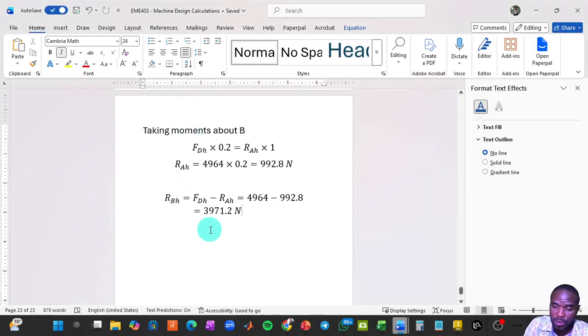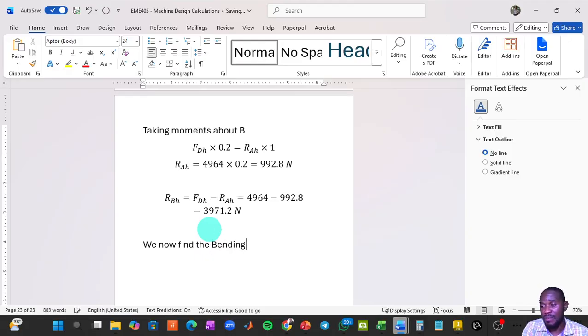So let's go. We now find the bending moment. That's what we're looking for. We're looking for the maximum bending moment at the critical points C and D. Okay, we now find the bending moment at the critical points and determine which of them is the highest or the biggest.